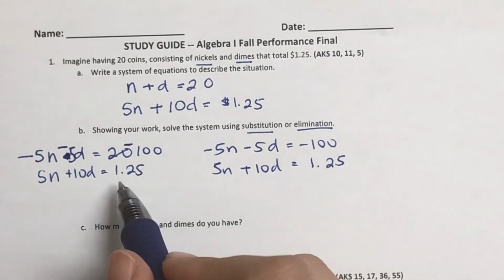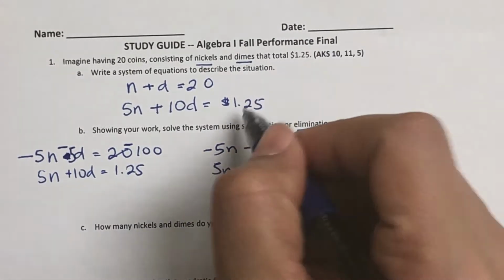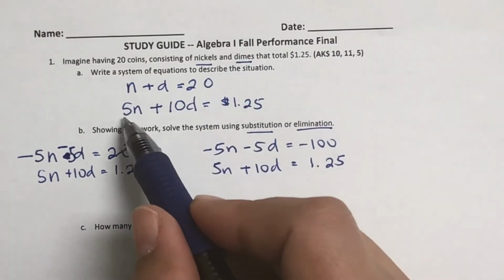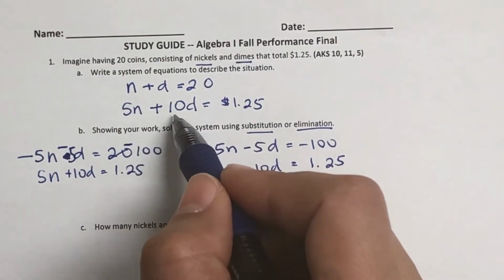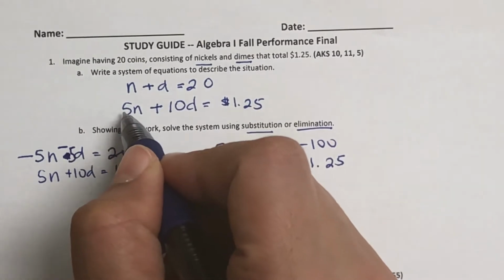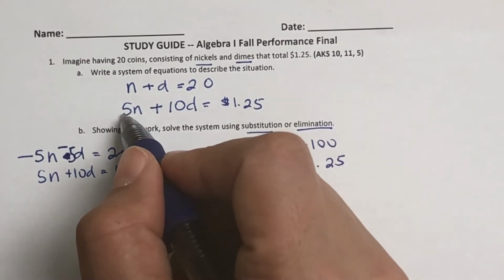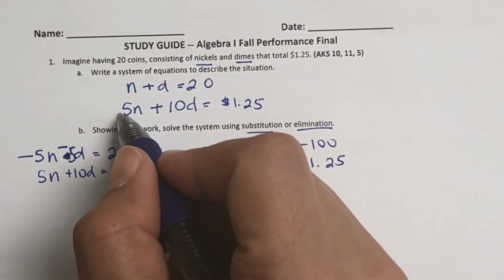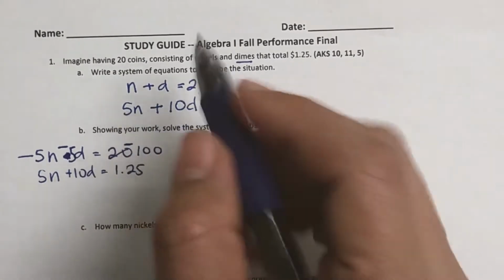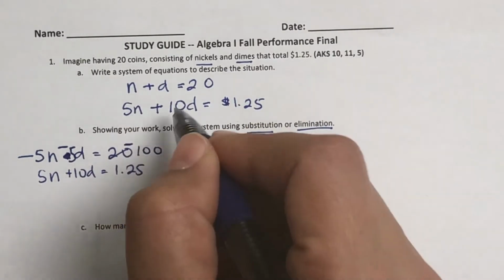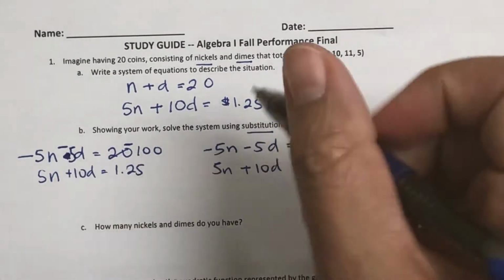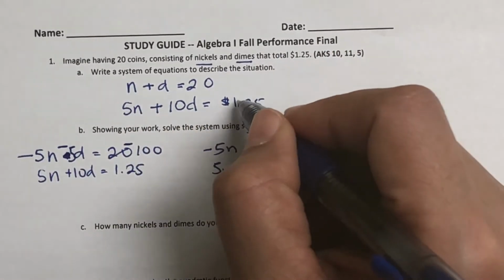Oh, I forgot to say this, actually. Sorry, I need to make a correction. Because I'm not writing this in cents, I can write this as 0.5. No, that's 50 cents, right? It's 0.05. 0.5 is 50. So it's 0.05, and this is 0.1. But because I don't want to use decimals, I'm just going to write the whole number.